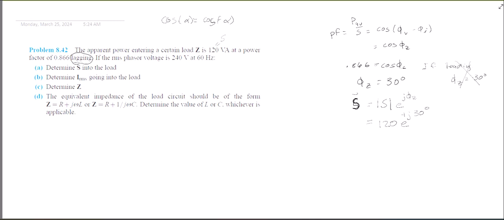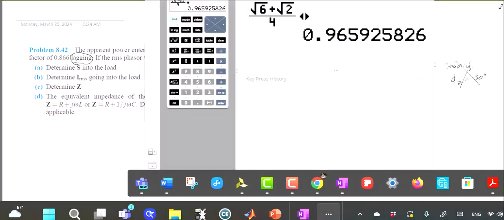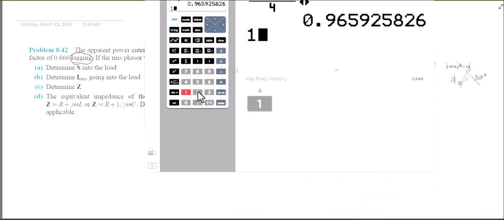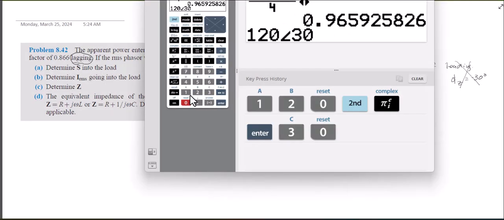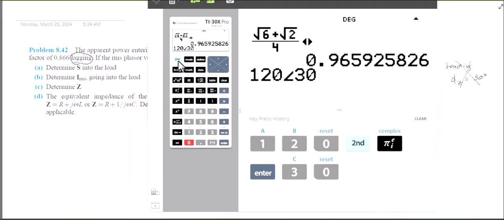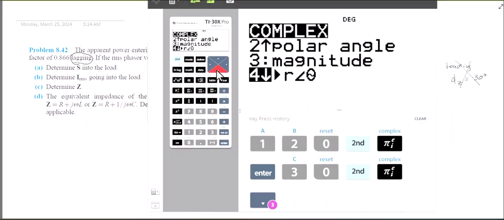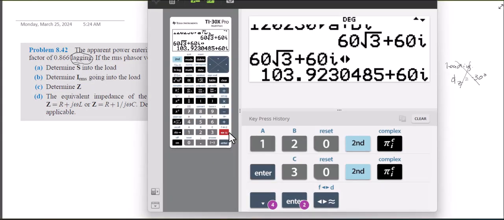And then if we wanted to have that in rectangular form, that would be 103.92 plus j60.